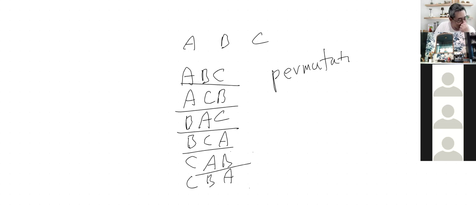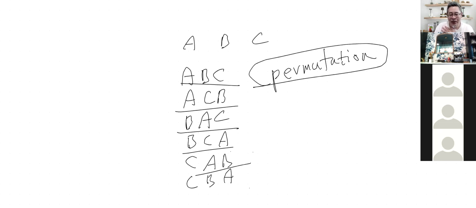And now to study permutation, there are two kinds of permutation. One is called with replacement, or with repetition.